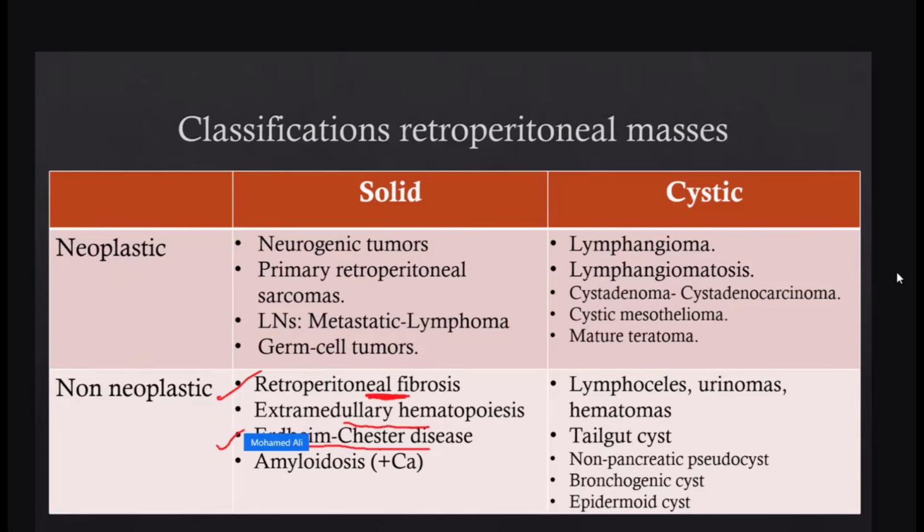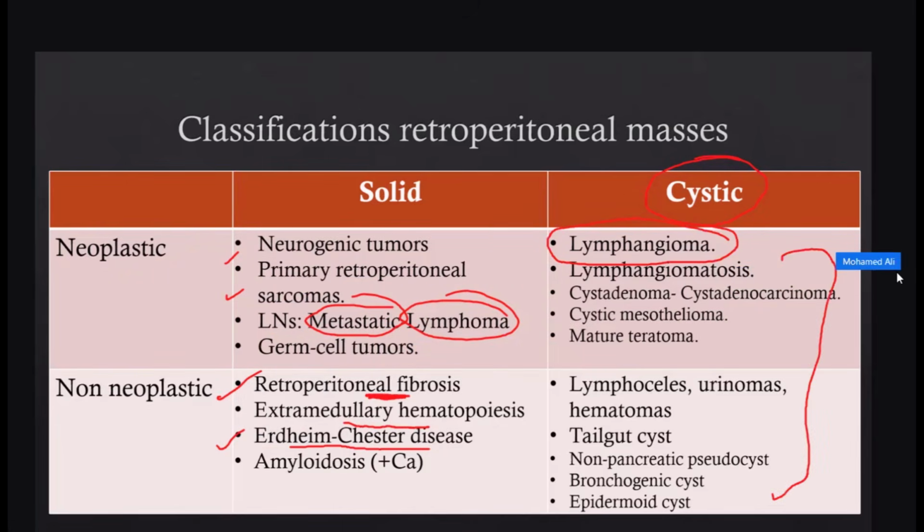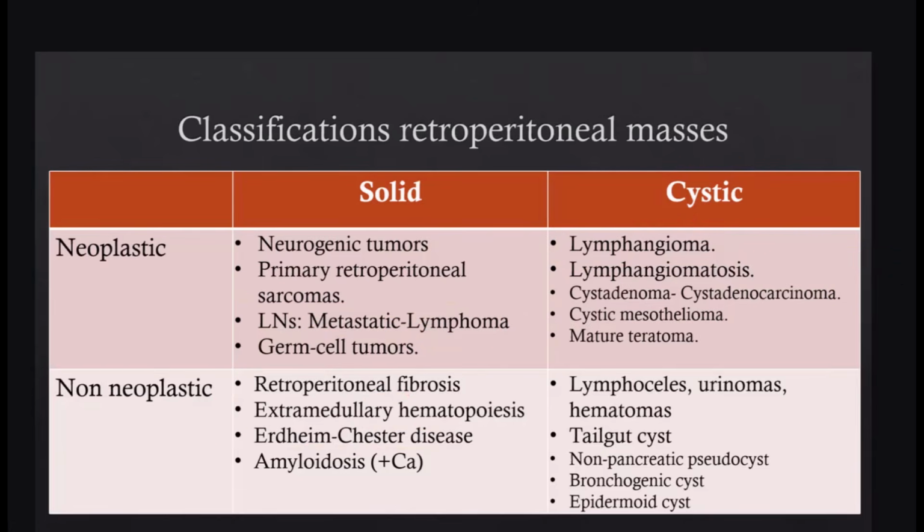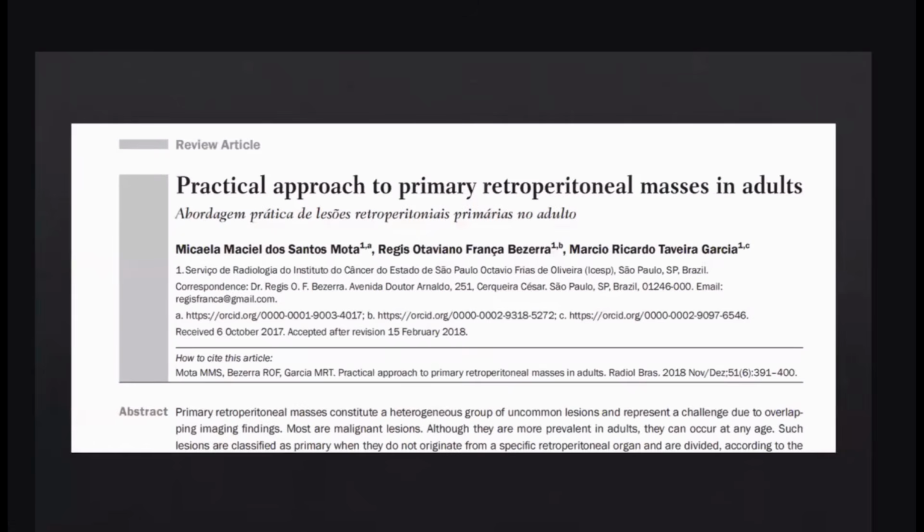We saw this one and this one. We saw lymphoma, metastatic lymph nodes. All of these examples we saw in our cases before. If we have cystic retroperitoneal masses, the most common is lymphangioma. This is the most common. We have other less common differential diagnoses. This article is very important to review: a practical approach to primary retroperitoneal masses in adults.